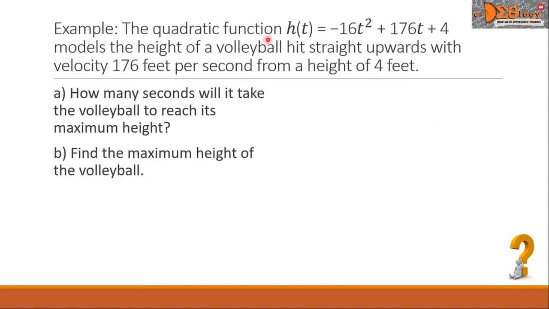The quadratic function h of t equals negative 16 t squared plus 176t plus 4 models the height of a volleyball hit straight upwards with velocity 176 feet per second from a height of 4 feet.